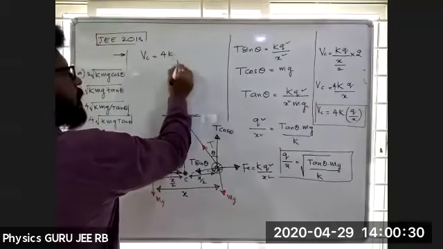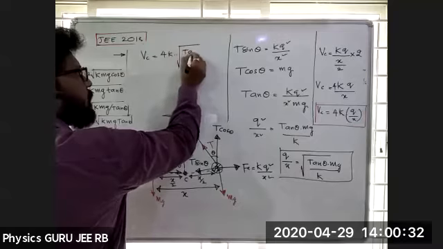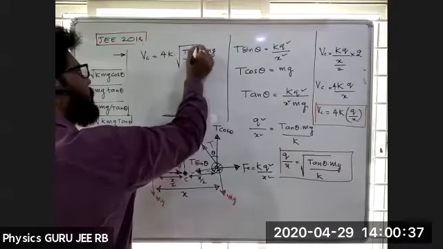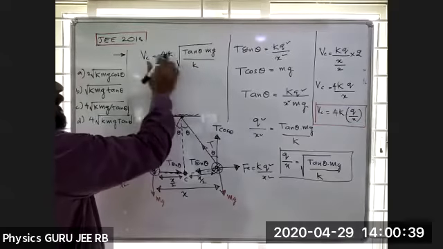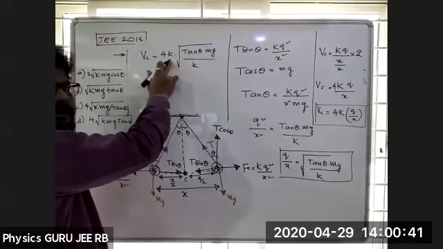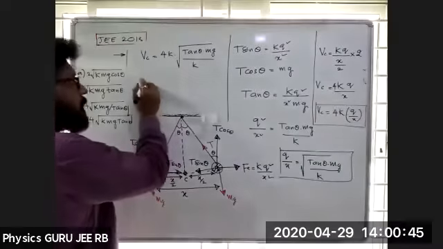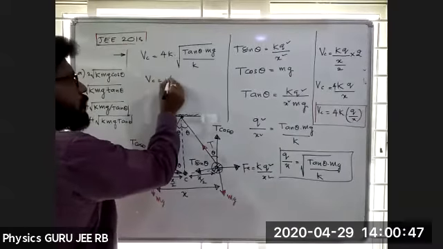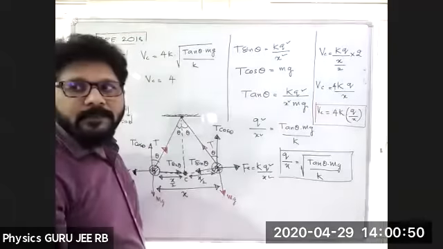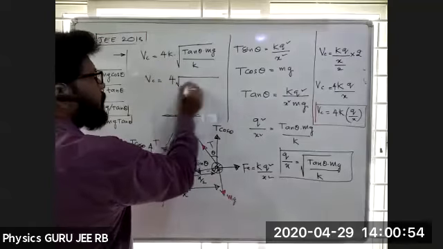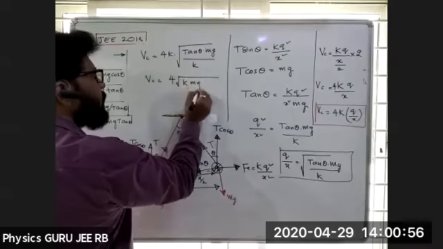Here k and k: k can be written as root k into root k. So I get Vc equals 4 times, taking it inside, under root of k mg tan theta.